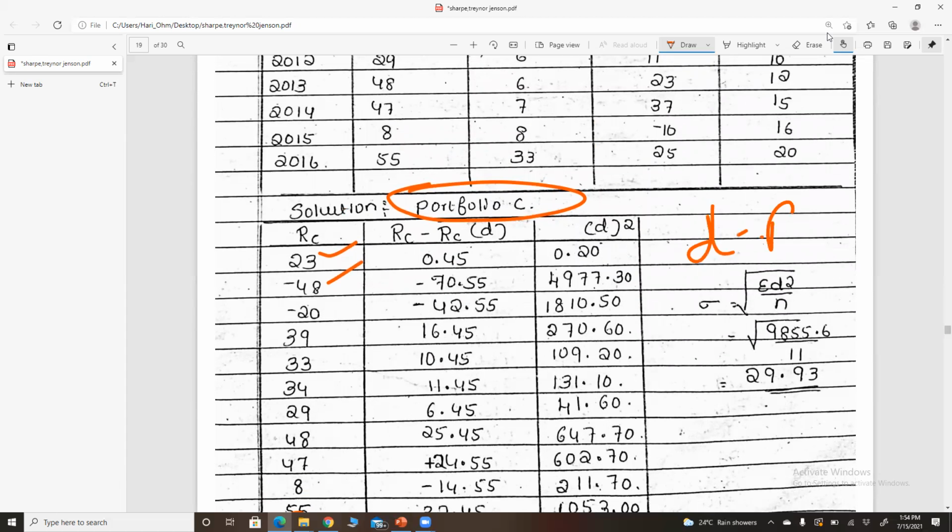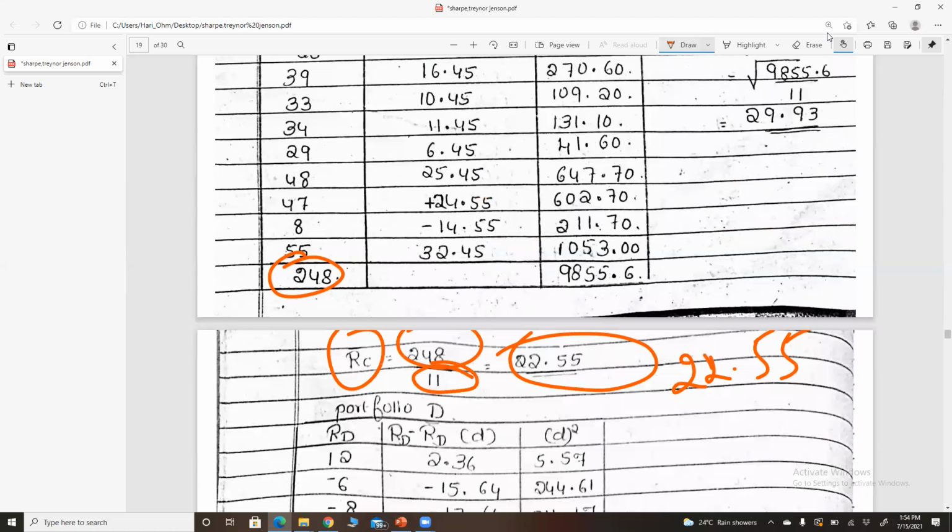Next, how do you calculate D? D is nothing but RC minus R bar C. Then you need to calculate D square. So RC is 23 minus R bar C that you have calculated, that is 22.55.